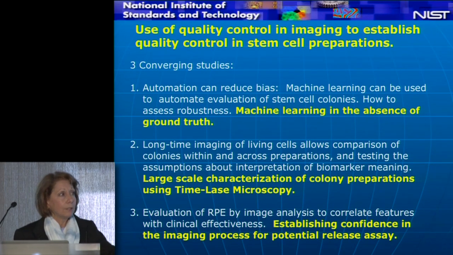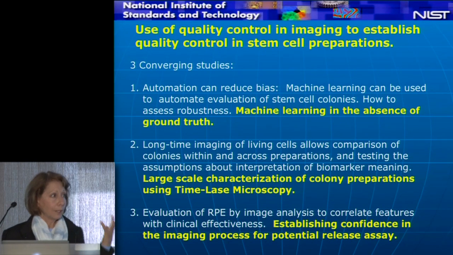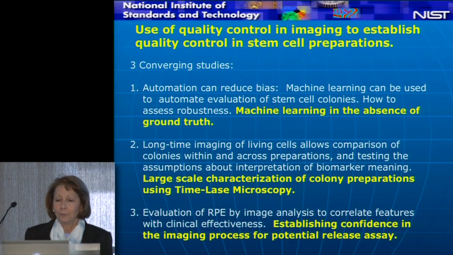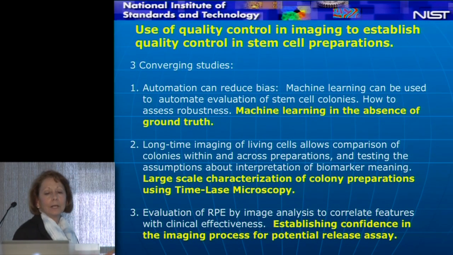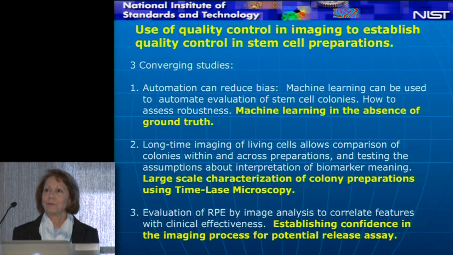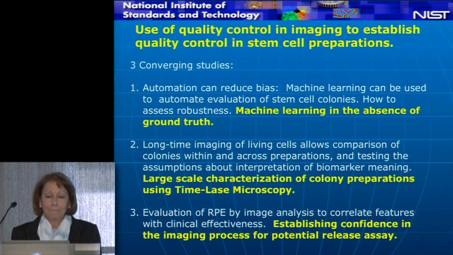And Renee, I want to thank you for bringing up the importance of automation for reducing human bias, which can be really, really significant. The other thing that's really complicated sometimes, though, is that we have to rely on humans to provide some benchmark. And often what we find is that it leaves us with no ground truth. We don't really know what's correct and what's accurate. So I'll talk about that.